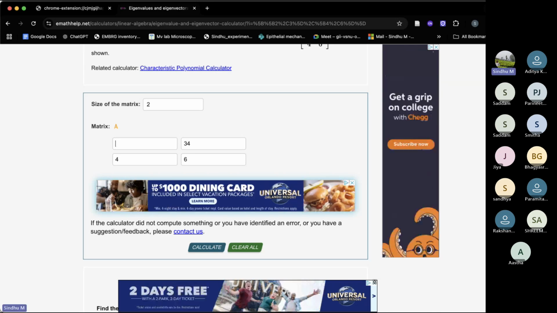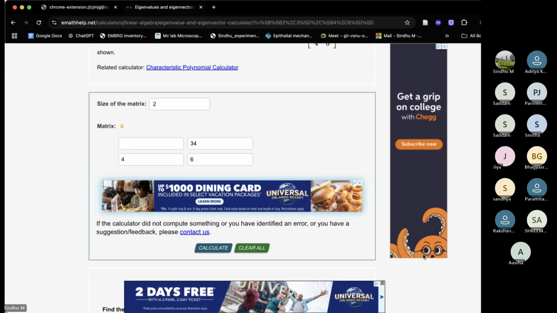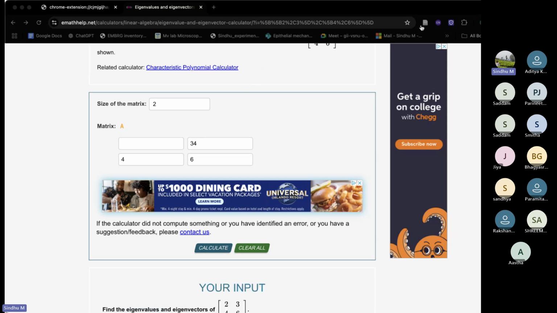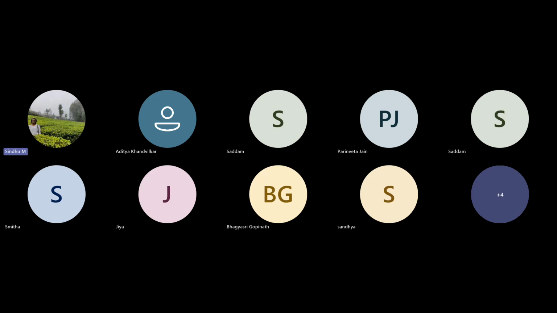I'm calculating the square in the presentation itself. I'll just go and share the presentation. Just give me a minute. Because right now you should be seeing the online calculator. I'll share the presentation so you can see how we can calculate the square.